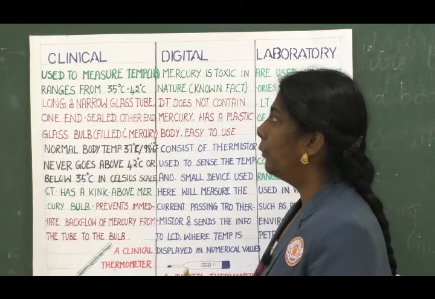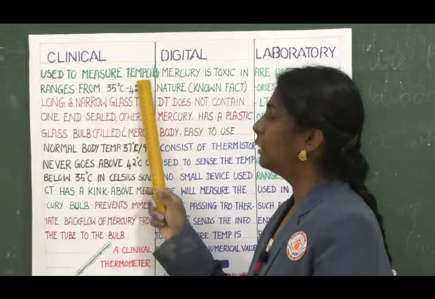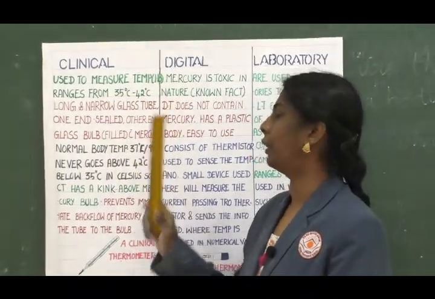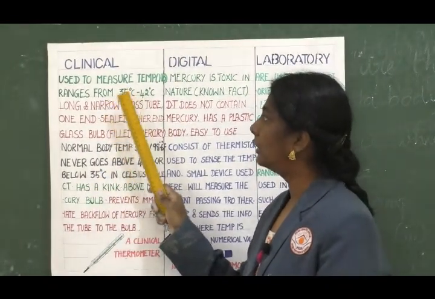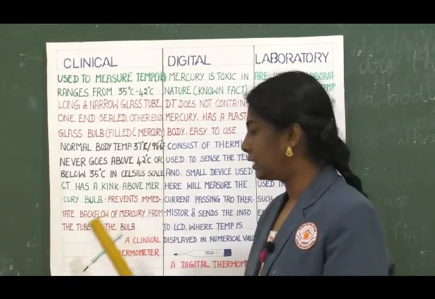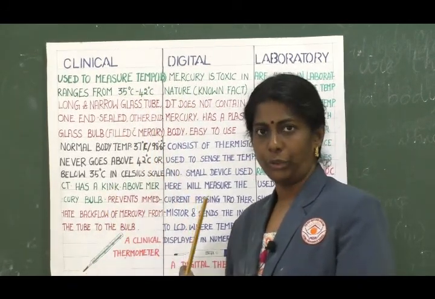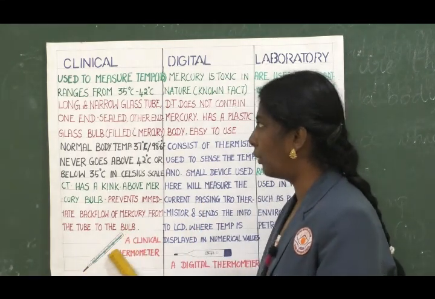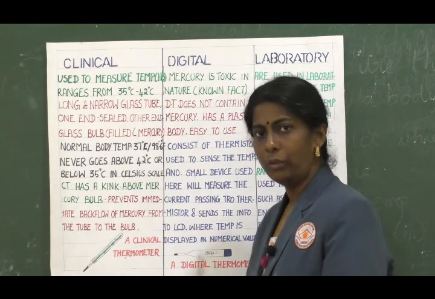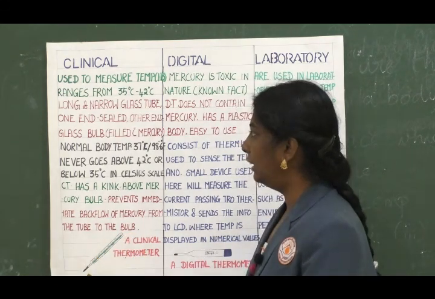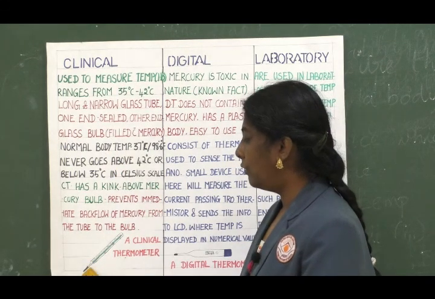Clear? So it is used to measure the temperature in human body, and it ranges from 35 to 42. You can observe in the picture the range is from 35 to 42. Clear? And then, as I said, it has a long narrow glass tube, and one end is sealed, and the other end is filled with mercury.